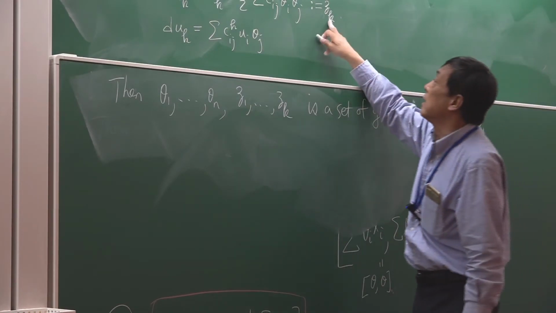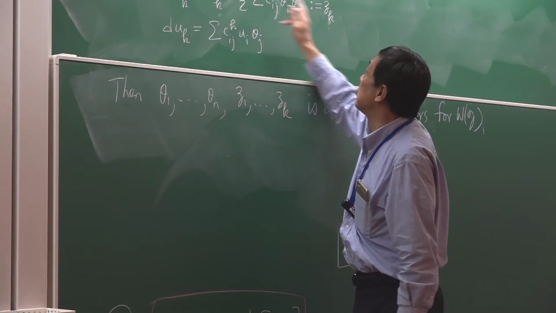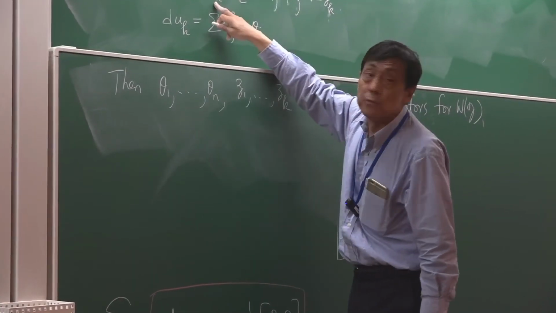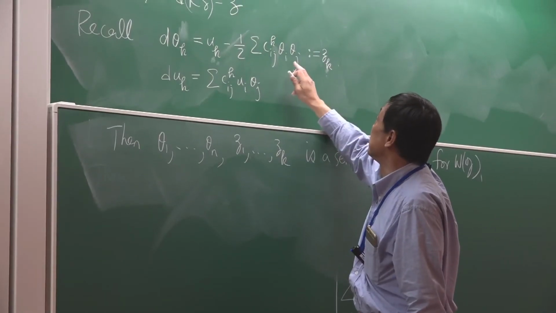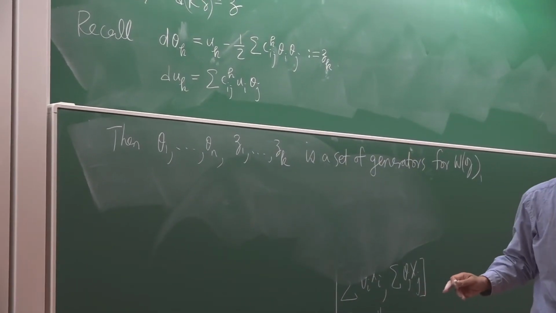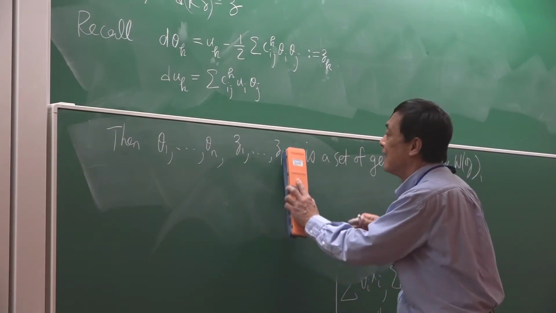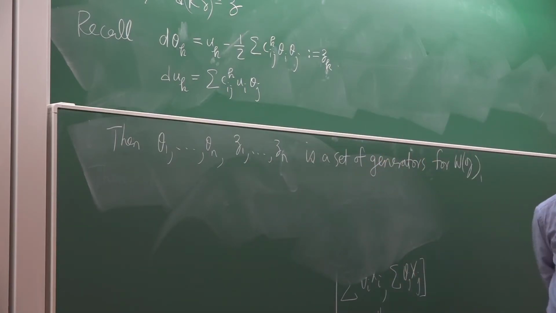Right? Because zk can be written in terms of thetas and u's, but the u's can also be written in terms of the thetas and the z's.